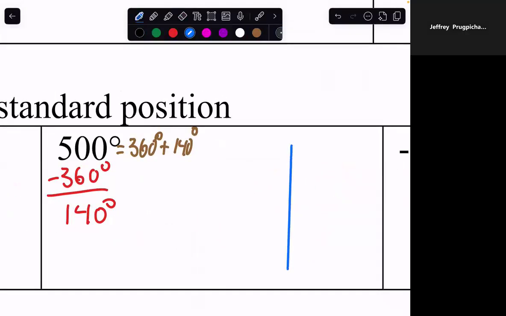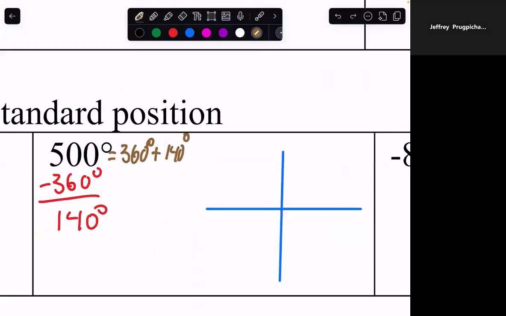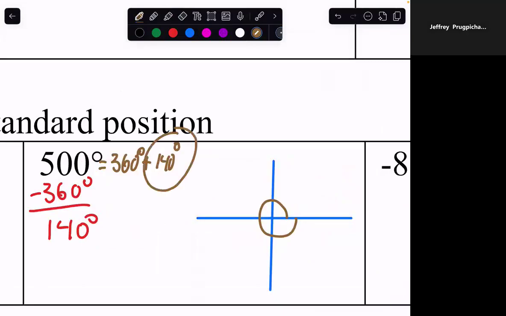Okay, so the way that you would sketch this angle then is you would first do a full loop, but instead of doing like a circle, you do kind of like a spiral so that it doesn't overlap and get crowded. Right, so that's the first 360 degrees. And then after that, you go an additional 140 degrees.